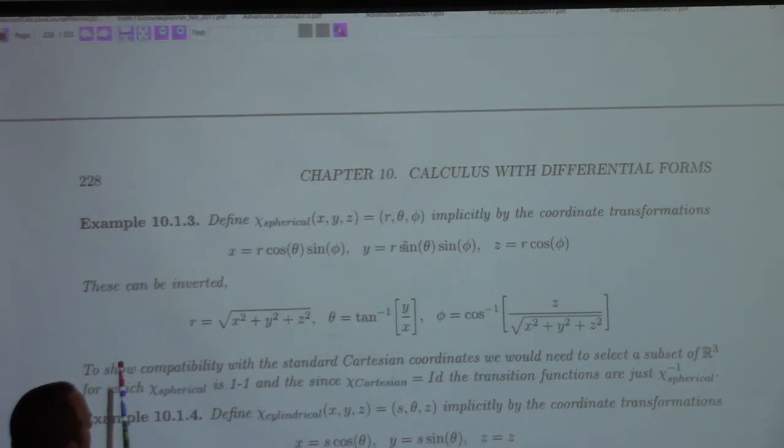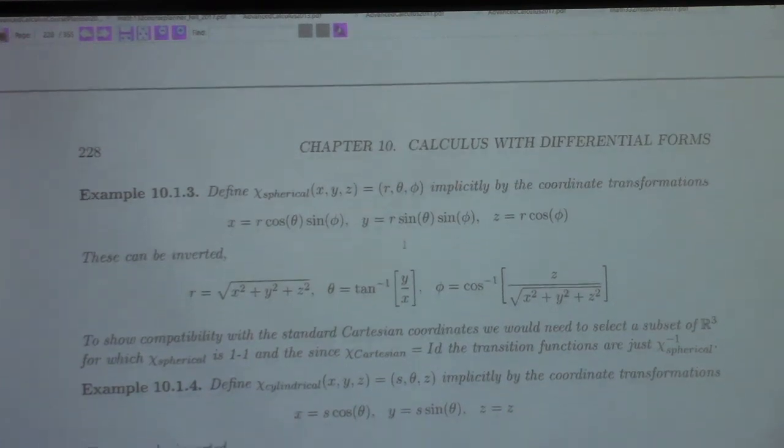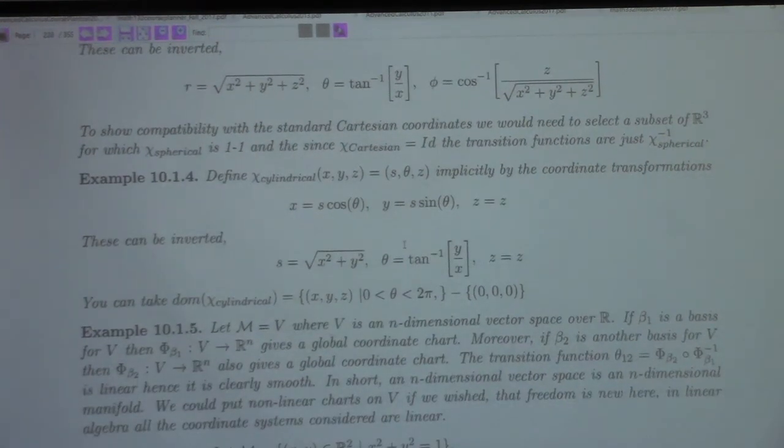In R3, you can define spherical coordinates. And yes, you can show that the spherical coordinate system is compatible with the Cartesian coordinate system, again subject to the proper restriction of the angles to make it a bijection. You can also define cylindrical coordinates, and that is also compatible with the Cartesian coordinate system in R3.